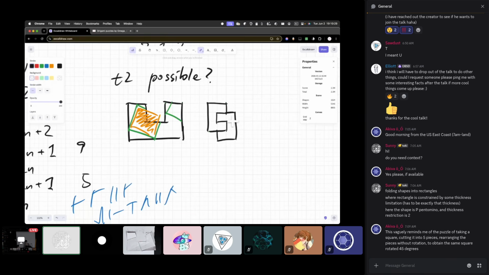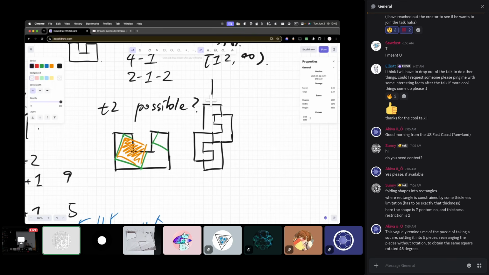Some of these tessellations will work, and some won't, which is why there's an iffy part of the construction. But one of these tessellations looks like this, so we have U shapes up here, and this continues.